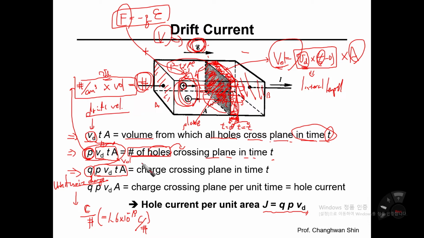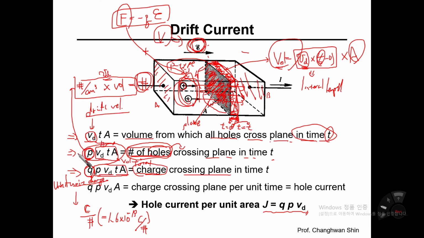In the second step, we estimated the total number of holes crossing the plane in time t, and now we are multiplying the unit charge value with pVdtA, which is the number of holes crossing the plane in time t. So qpVdtA indicates what? The total charge crossing the plane in time t, right?